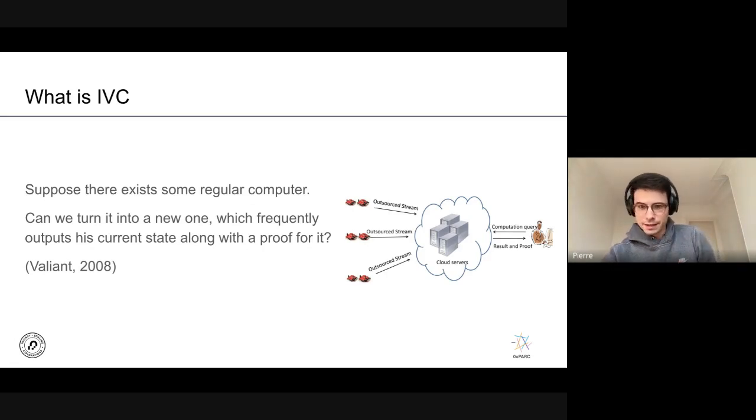So the question asked by the guy that first talked about IVC with Paul Valiant in 2008 was very simple. He supposed that, for some regular computer, he could turn this computer into a new one which would frequently output its current state along with a proof for it.